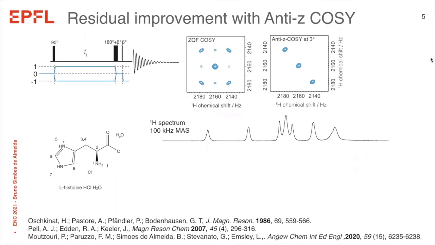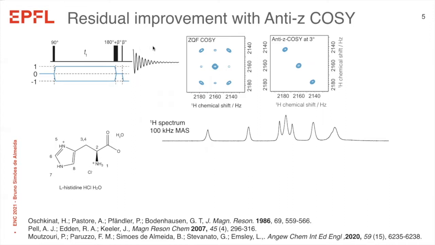We showed in the past that we are able to get rid of this residual coupling by using the 2D correlation experiment Anti-z COSY. Unlike its homolog ZQF COSY, it uses low flip angle pulses, and these select correlations only between remote transitions.